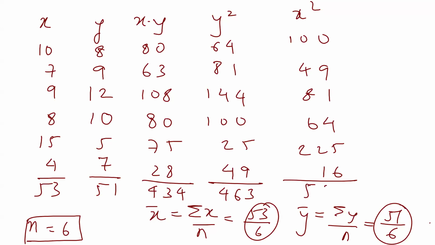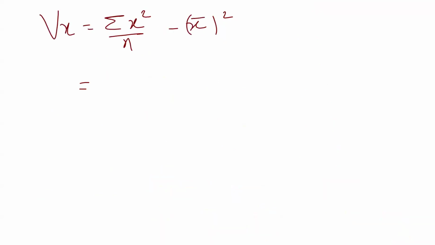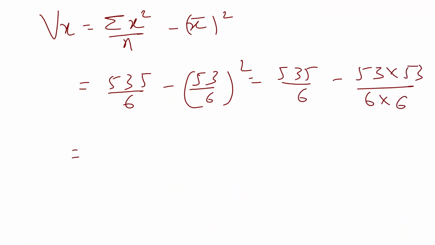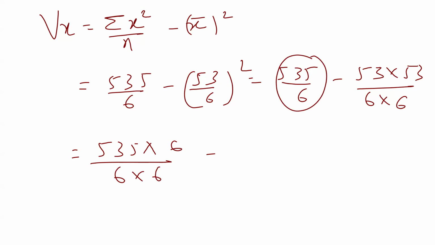So that is 535. So this is 535 upon 6 minus 53 upon 6, the whole square. So 535 upon 6 minus 53 into 53, 6 into 6. Take LCM: multiply 535 by 6 up and down so that we get a common denominator.